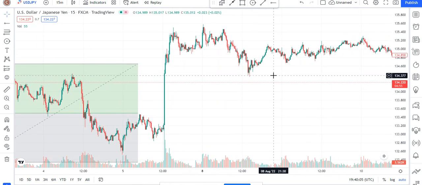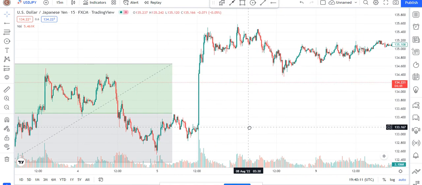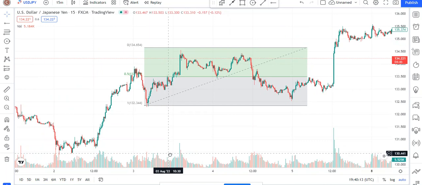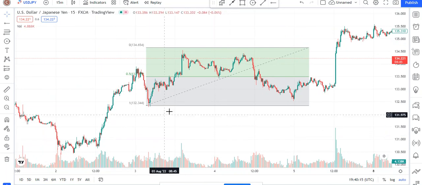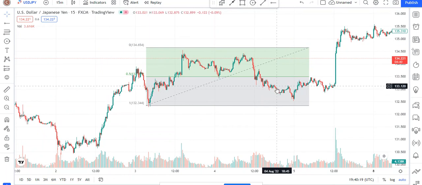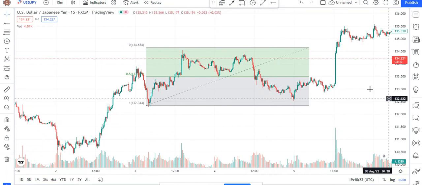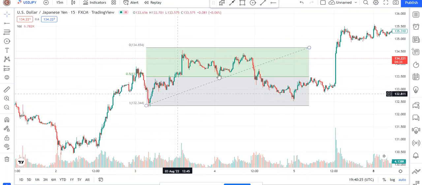We want to buy at a relatively cheap price and sell at a relatively expensive price. How we know that it's relatively cheap or expensive is by attributing where the price is to the current range. So this is the current range in this case.